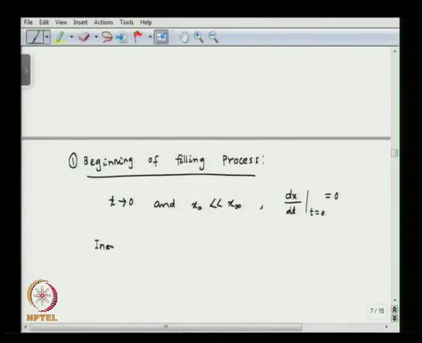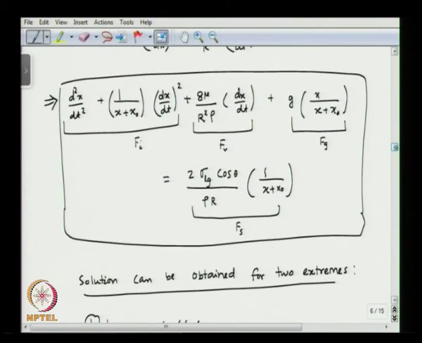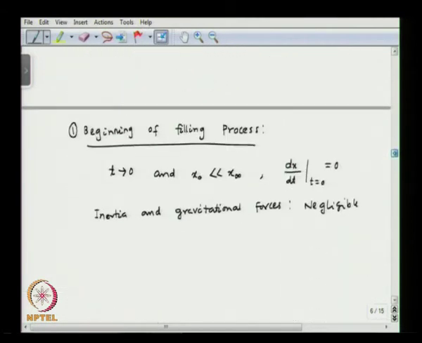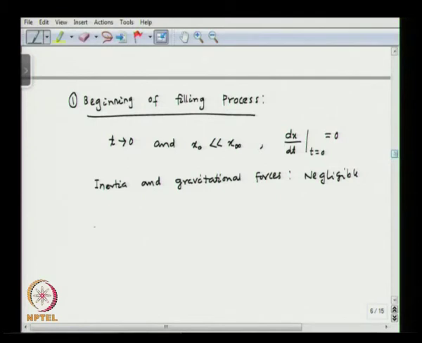So, the inertia and the gravitational force are negligible. So, this is the general equation we work on, and for the beginning process we drop the inertia and the gravitational force from this equation, and if we do that we get this simple equation.